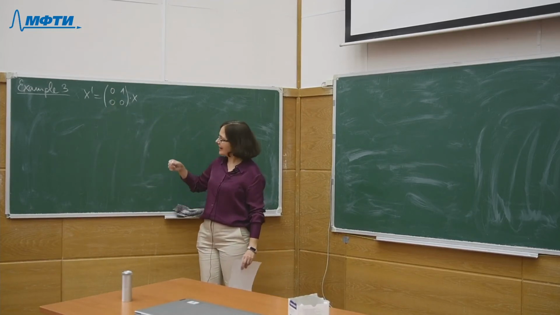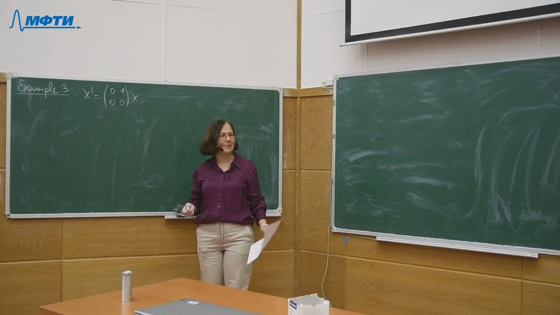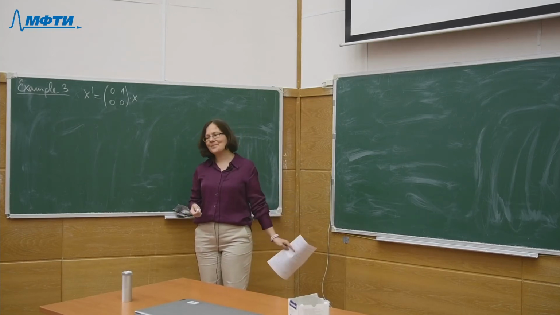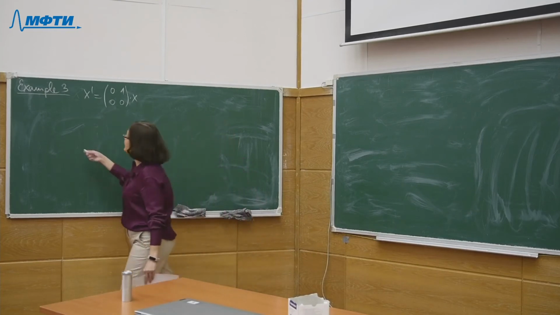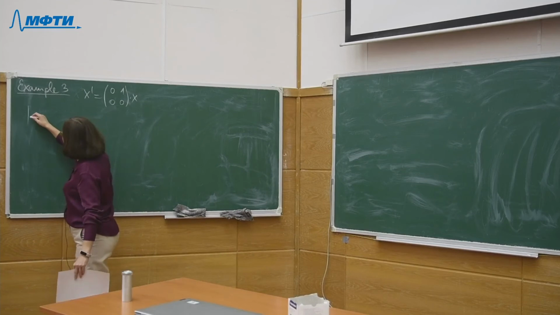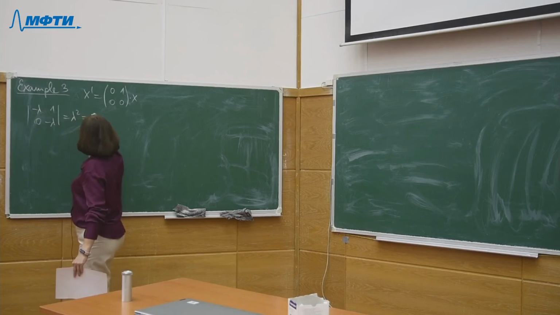Can we solve this differential equation using the method of eigenvectors and eigenvalues? Well, let's try to find eigenvalues. The characteristic equation: lambda squared equals 0.